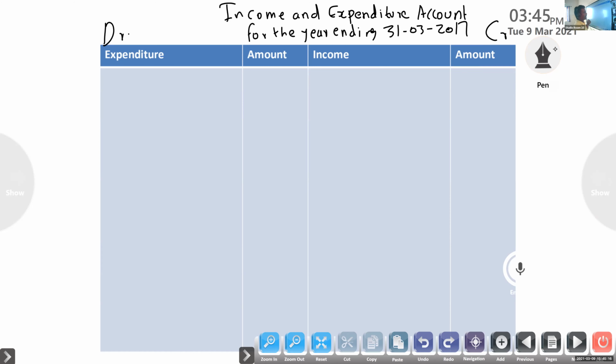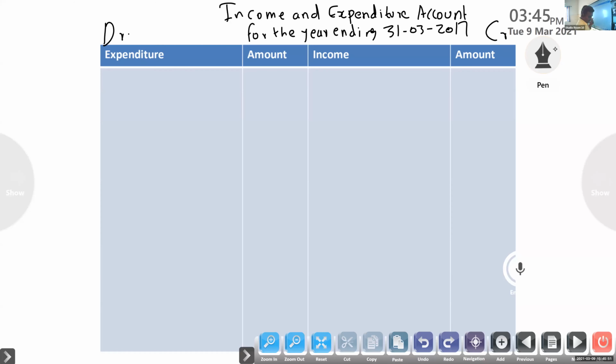You look, this is very easy. Additional information is given: some adjustment, some asset value. If there is an adjustment, you have to look. You know that outstanding means end add, opening less. Received in advance means opening add, closing less. Then for consumables like stationery and medicines, opening stock add, closing stock less. Everything we will use now here.